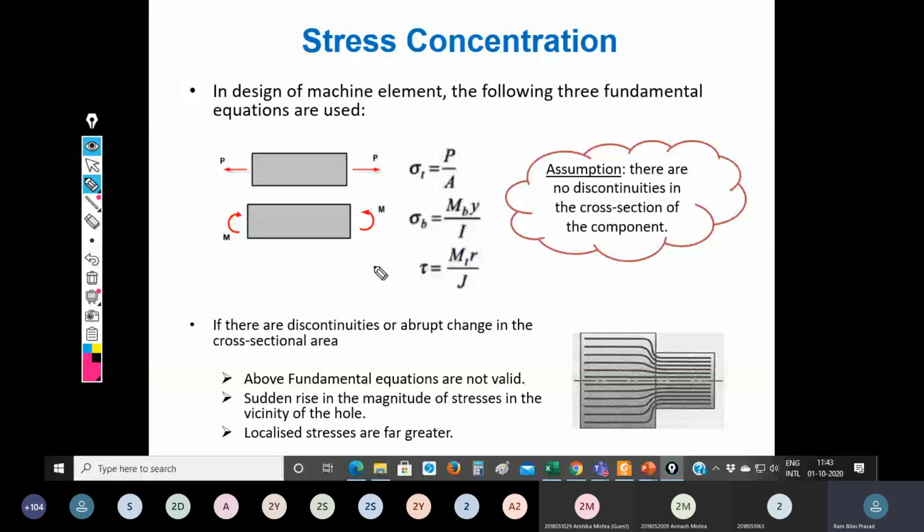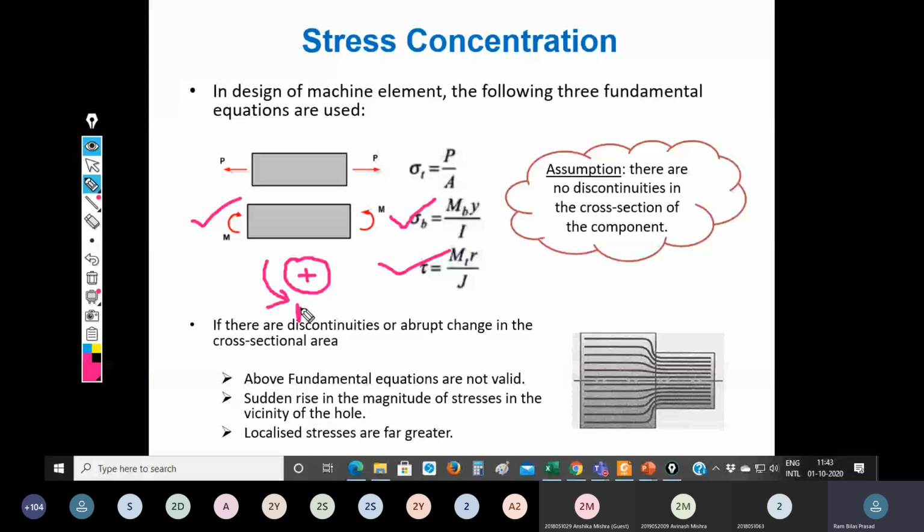So these are the basic things. It is not only related to tensile load, it is also related to bending load. Suppose this is a beam where there is a bending moment, so you can find the stress using sigma b equal to M b y by I. And similarly, if there is a shaft and you have a twisting load, then in this case also you can find tau using this expression.